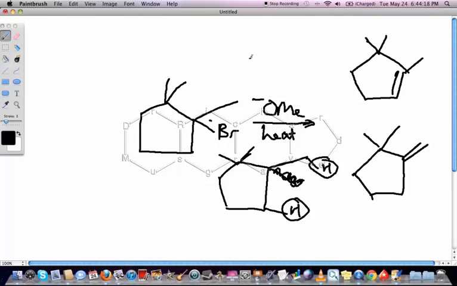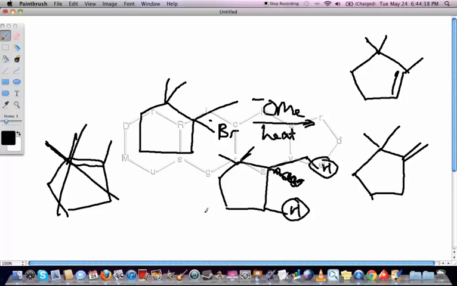I'll just draw the other one that doesn't occur so that you can be convinced why it doesn't occur. That would be because you end up with 5 bonds on that carbon, so there's no way that we can ever get a product that looks like that.